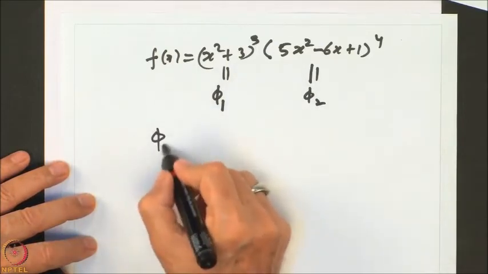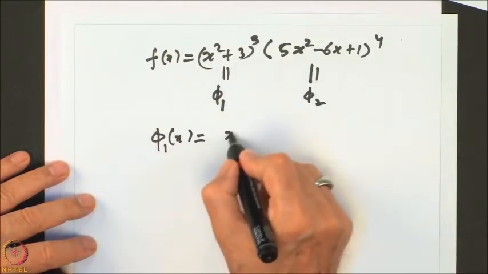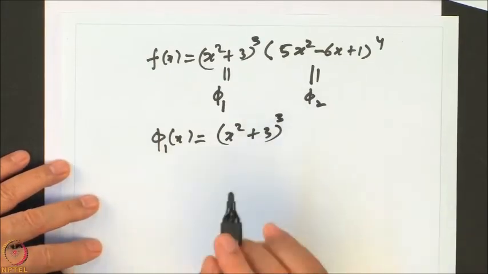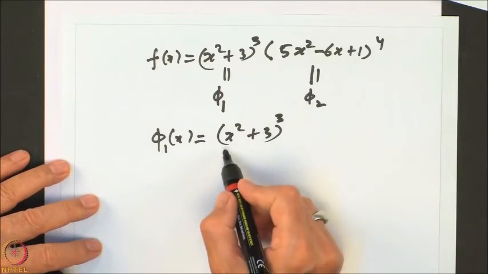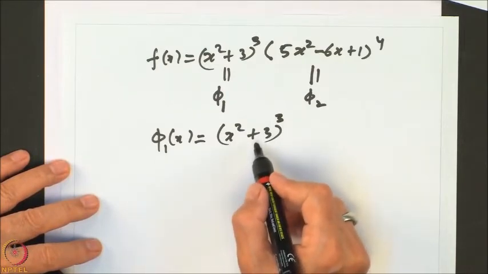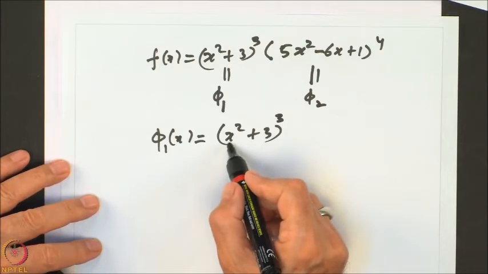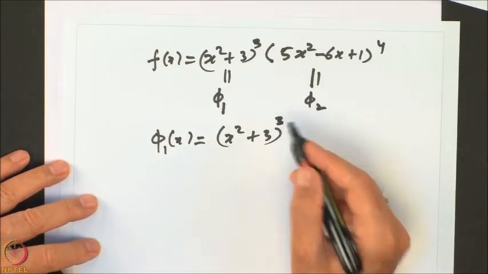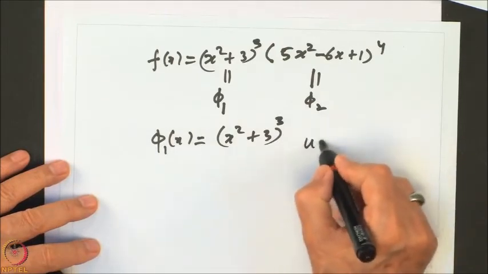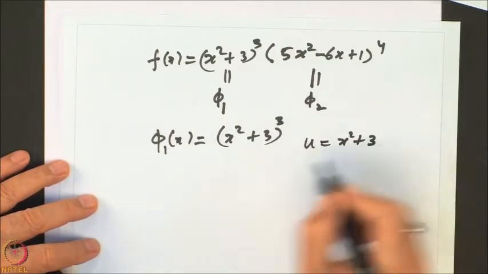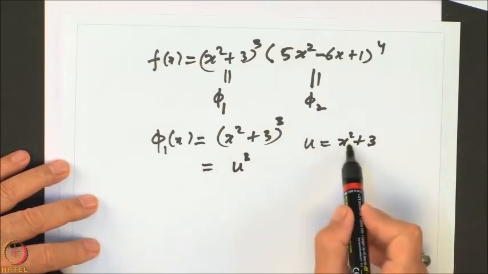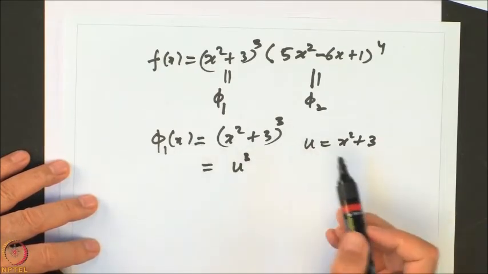So what is phi 1 of x? That is equal to x square plus 3 raised to power 3. Let us analyze this function separately. You take a point x, look at x square plus 3 and then take the cube. You can think of it as a function of a function: call u as x square plus 3, then this is nothing but u to the power 3. So u is a function of x, and phi is a function of u.